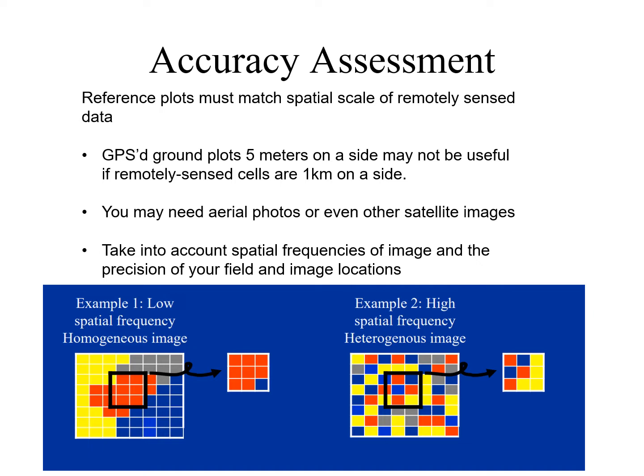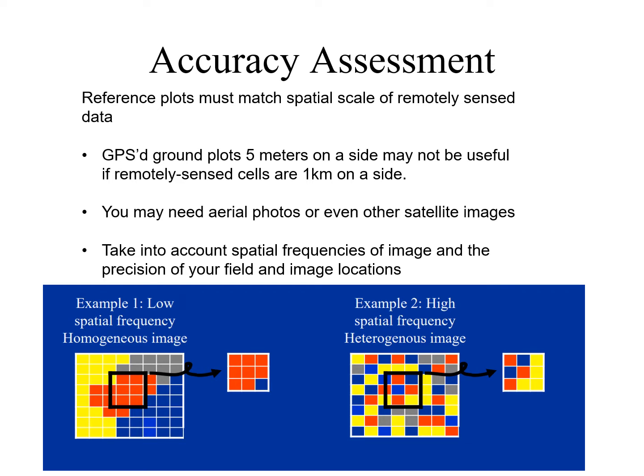So you have to have a match between the spatial scale of the remotely sensed data and what you're observing in the field. So one thing that you have to think about is your GPS ground plots.